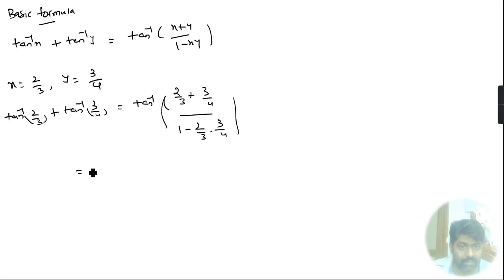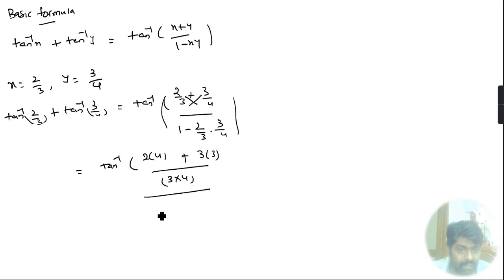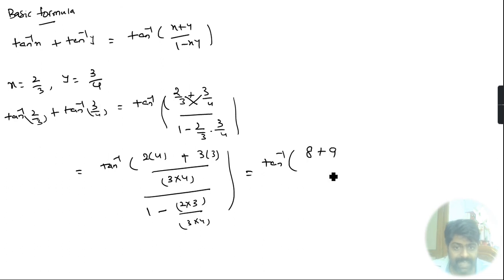And this is equal to, we do the cross multiplication, that is tan inverse of 2 into 4 plus 3 into 3 by 3 into 4 divided by 1 minus 2 into 3 divided by 3 into 4. So we get tan inverse of 8 plus 9 by 12 by 1 minus 6 by 12.